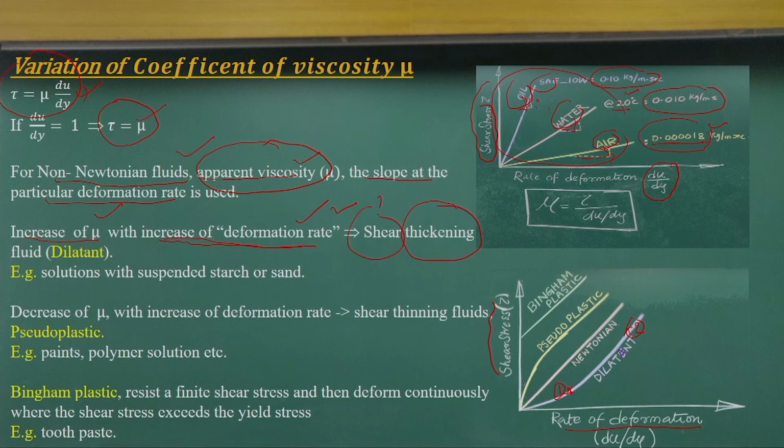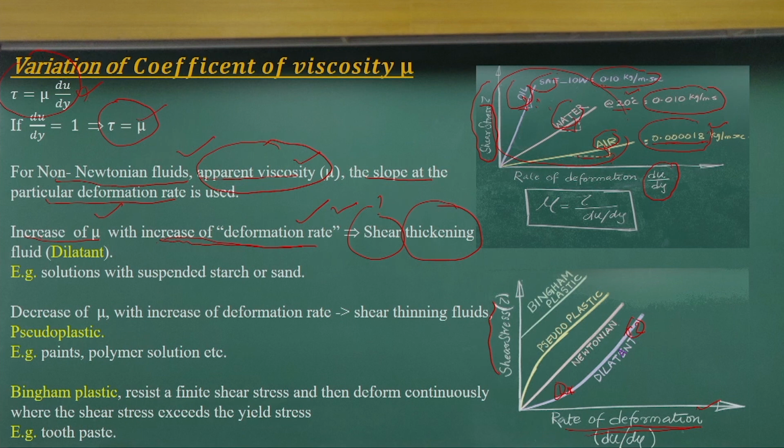But if you look at the pseudoplastic curve, it indicates that the slope decreases as the rate of deformation increases. That means you need less shear force at the higher deformation rate as compared to the low deformation rate.